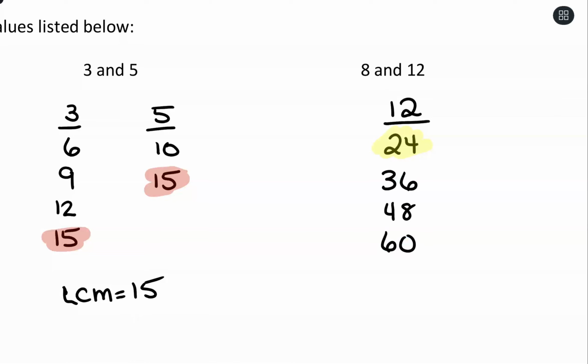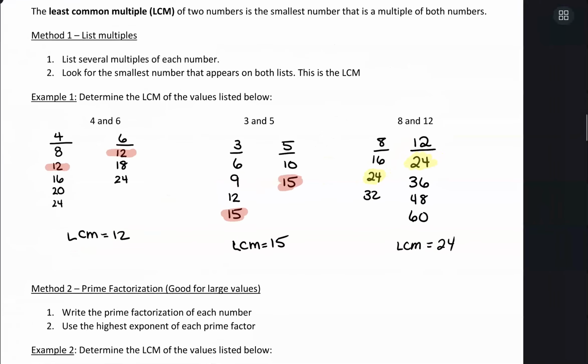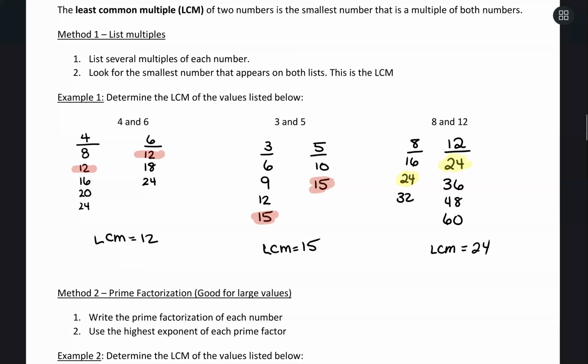Or we could have done listing out 8 as well, 1, 2, 3, 4, 5, and so on. But we could stop when we hit 24. So with that, another way within that method is you could just start listing out the larger of the numbers and stop when it's divisible by the other value.